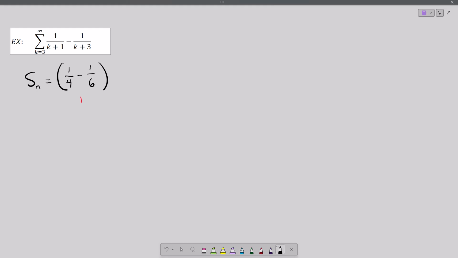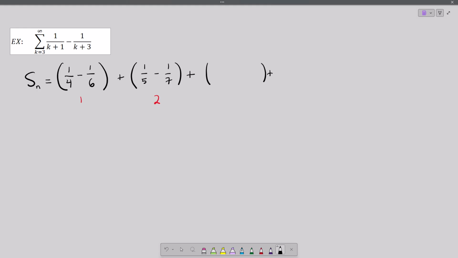And then our second term, we're going to plug in k equals 4, so we get a 5th minus a 7th. So this is the second term. And usually with a telescoping series, with the ones that we have in this book, usually it's enough to go to 3 terms in the front.